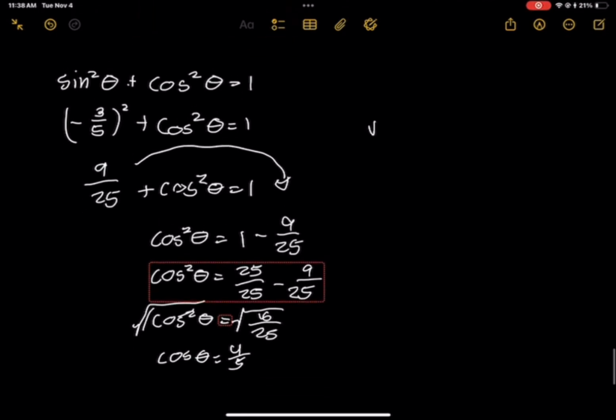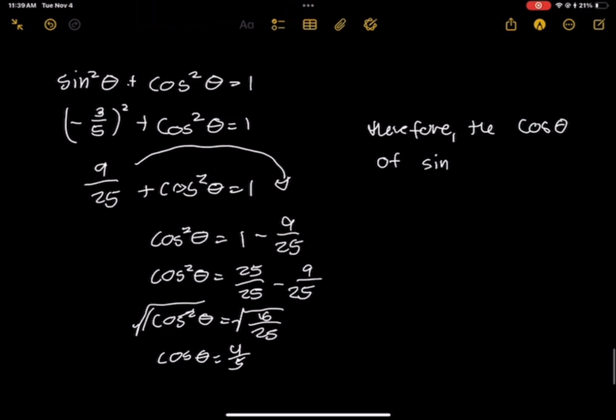So now that we have our cosine theta, we will now write our conclusion. Therefore, the cosine theta given that sine theta equals negative 3 over 5 is 4 over 5.